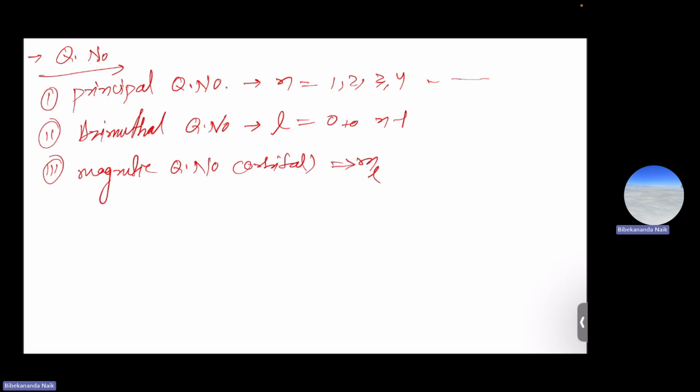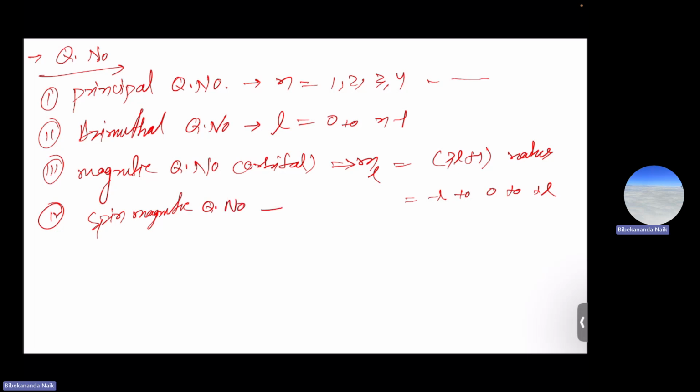And what is the value of ml? ml has 2l plus 1 values. It starts from minus l, goes up to 0, and then plus l. And then this is the spin magnetic quantum number, called ms, which has two values, plus minus half.